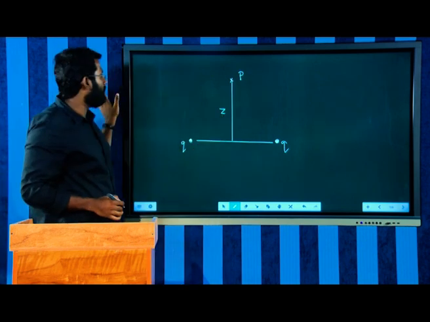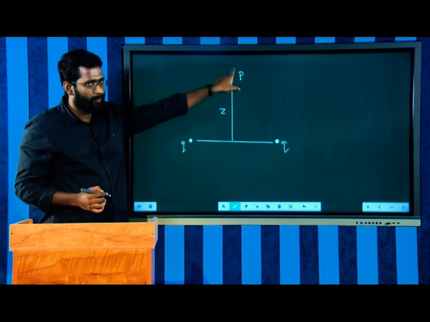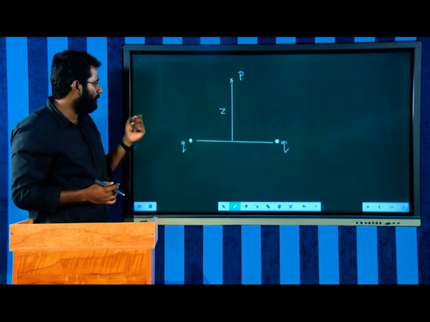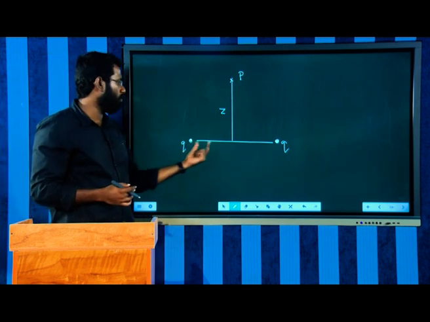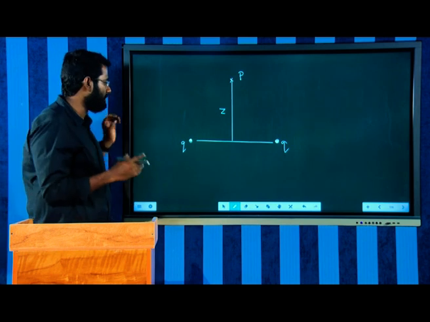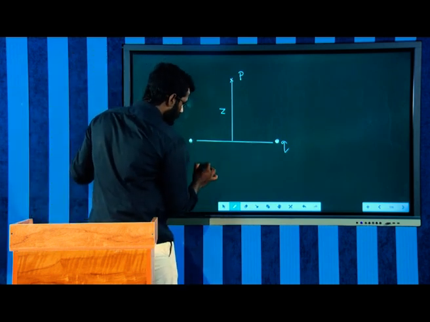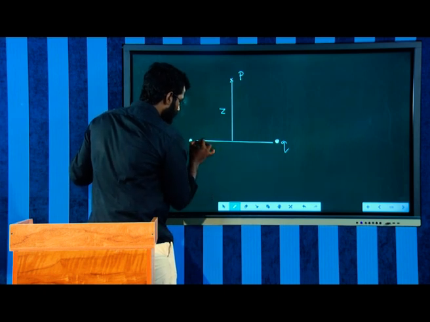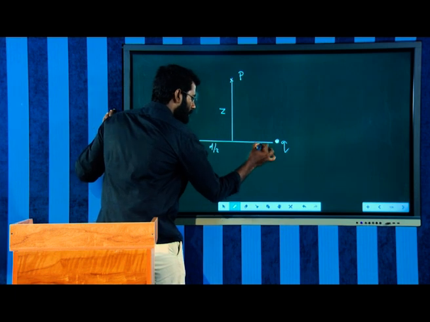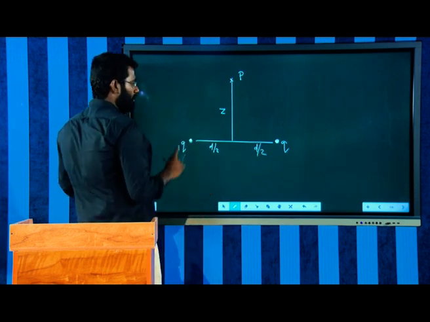What is the electric field? Here P is the field point, and we have two source charges, Q and Q, and the distance between these two charges is given as D. So, in total this is D, which means one segment will be D by 2 and the other D by 2. This is the problem.